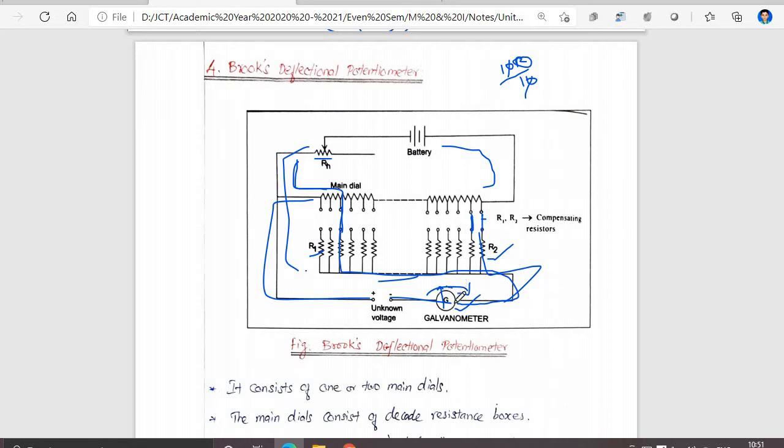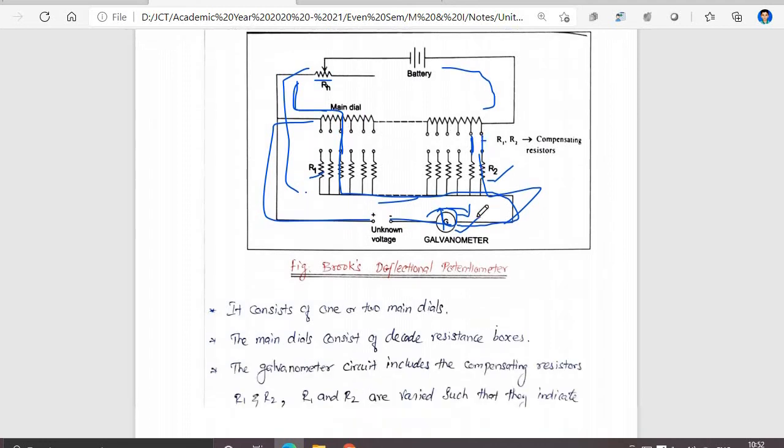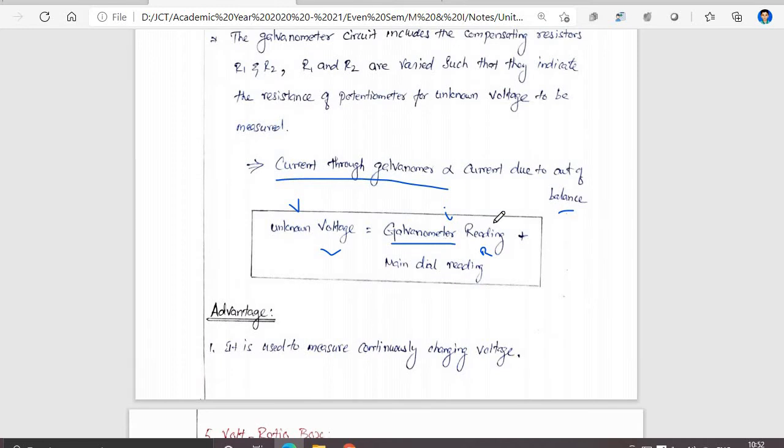So we can measure the current in that galvanometer, and you have to check the resistance value, because the main dial resistance value and R1, R2 are known values. Everything is a known value, so we can find the unknown voltage. The galvanometer reading is a current and the main dial reading is a resistance, so we multiply the values I into R.